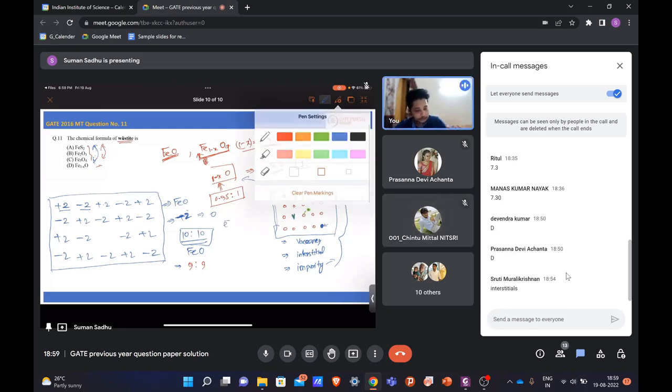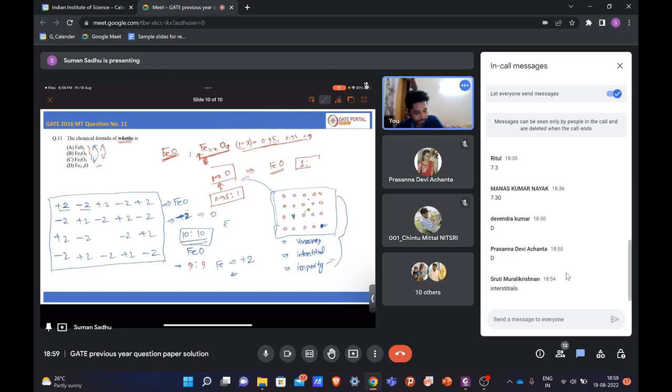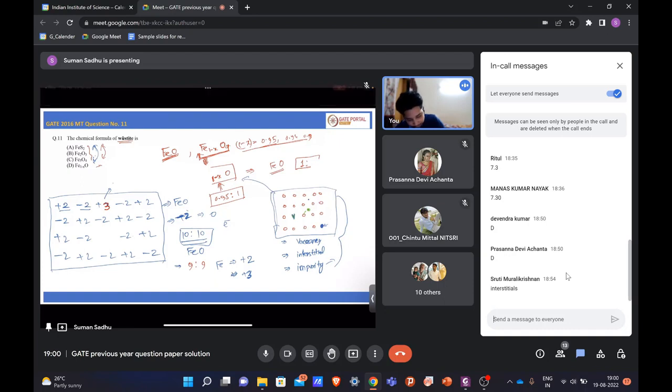Now you know that iron has two different types of valency: plus 2 and plus 3, right? So what it will do, it will remove one electron from this iron. It was plus 2; if one electron is removed, it will be plus 3, right? Similarly, it removes one more electron from this one to maintain the charge neutrality.